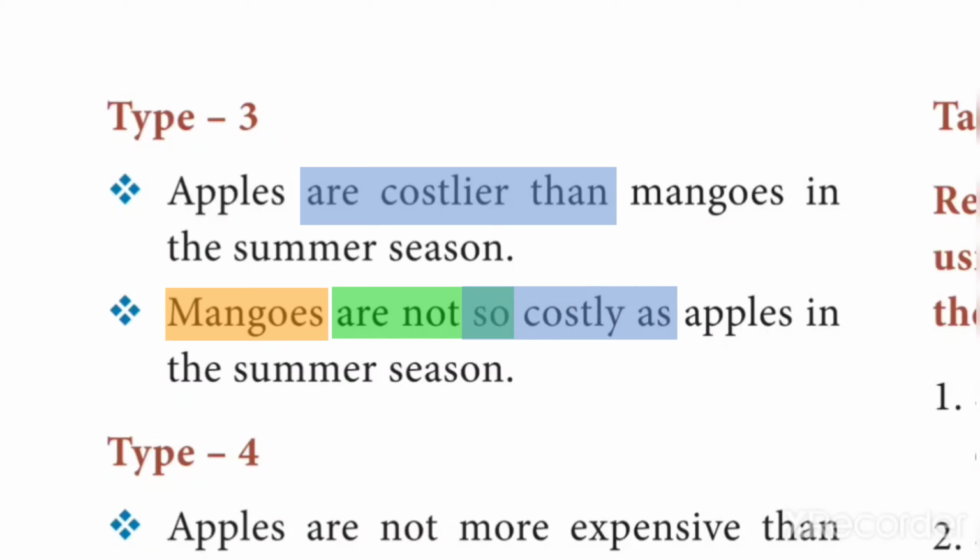So costly as. So, both sentences tell us the fact that in summer season, apples are costlier than mangoes, or mangoes are not so costly as apples. The information is the same. The sense both of them want to convey doesn't change, but the way the sense is expressed changes.